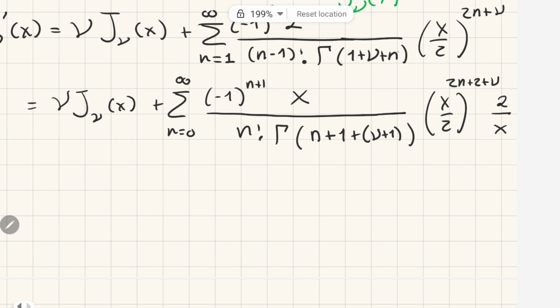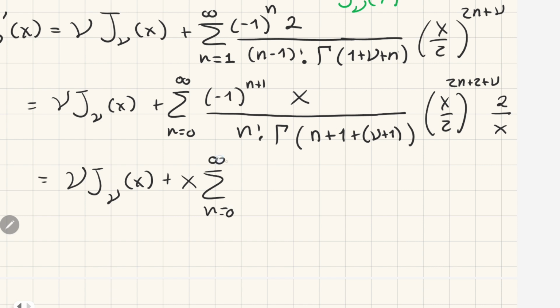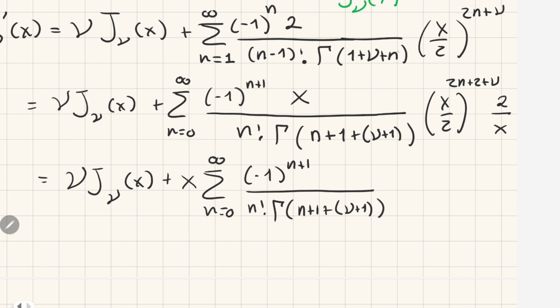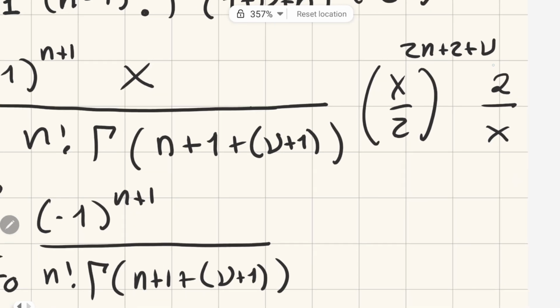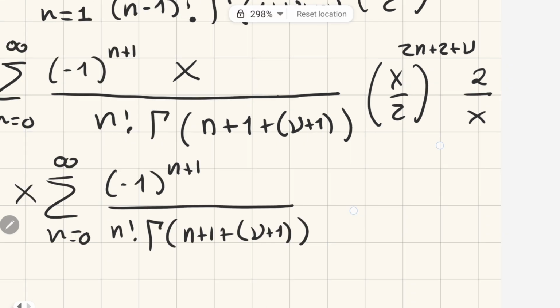This is in order to mix this element with this other element. Okay, so we will get nu J sub nu of x plus x, the sum from n equals 0 to infinity of minus 1 to the n plus 1 divided by n factorial gamma of n plus 1 plus nu plus 1. And then, well, we need to subtract a minus 1 right at the exponent.